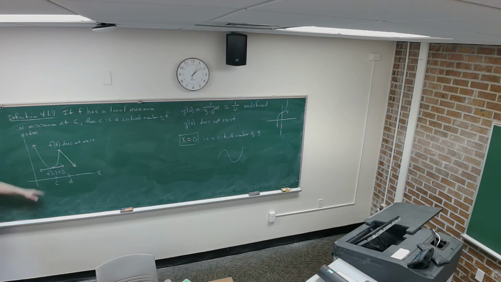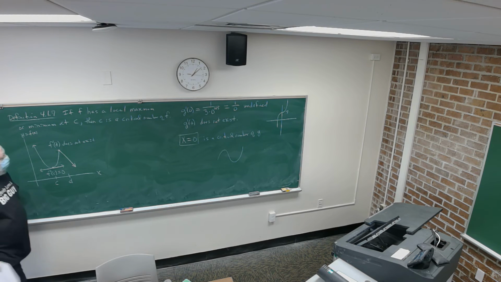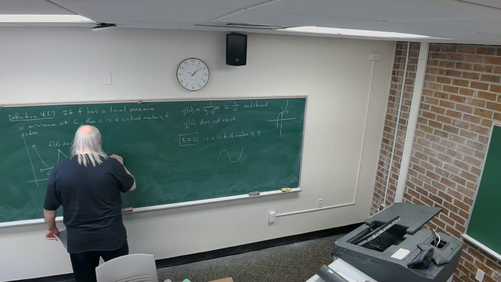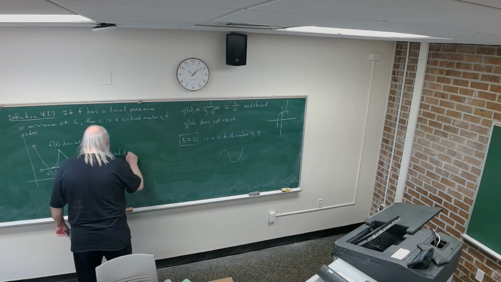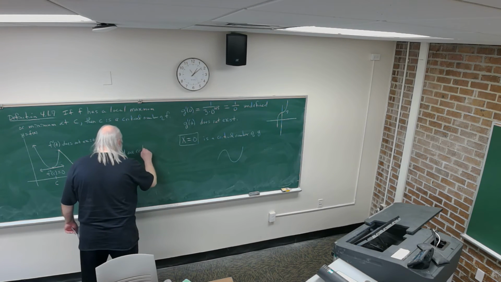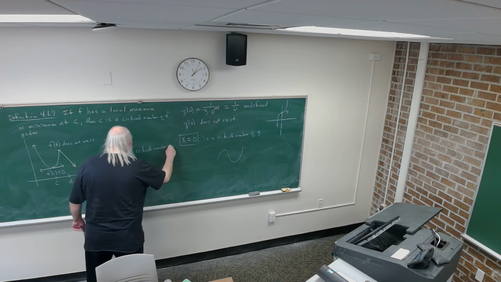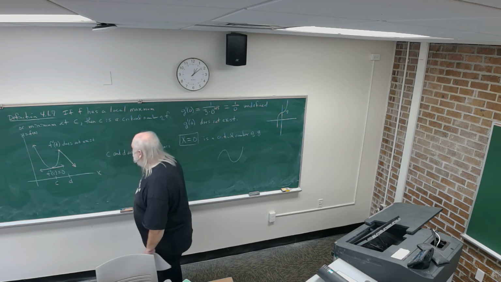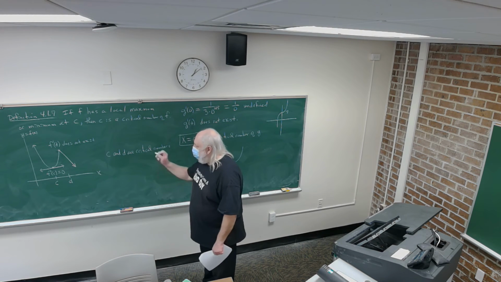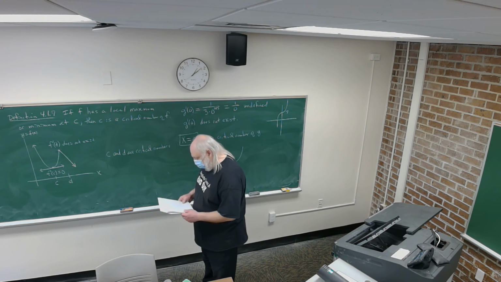So the derivative is equal to 0 here and does not exist there. C and D are both critical numbers: C makes the first derivative equal to 0, and at x equals D, the derivative does not exist.